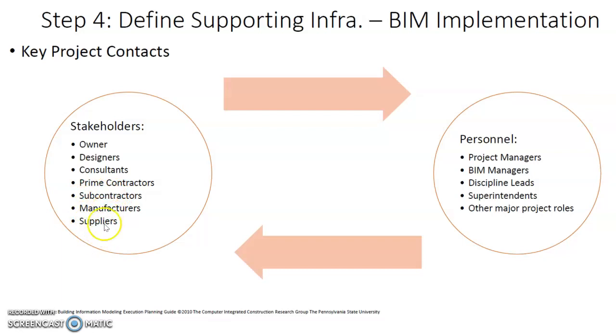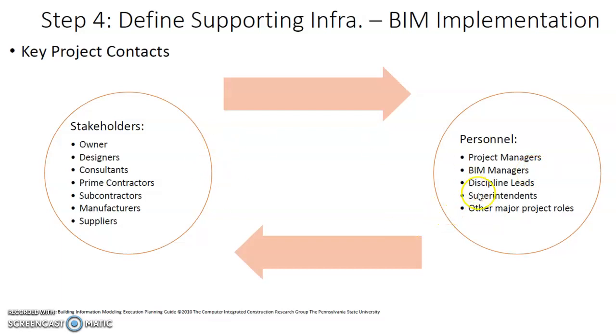So the key thing is to clearly define who is serving as, for example, the project manager or project managers in which particular area, in which particular phase of the project. Who will be appointed among all these stakeholders as the BIM manager or managers in which phase at which particular location.